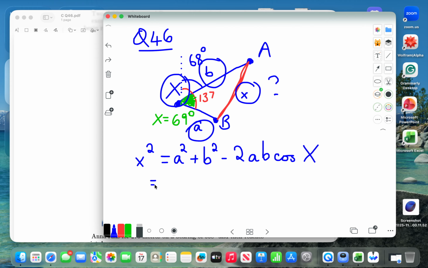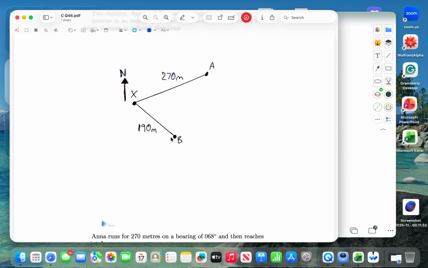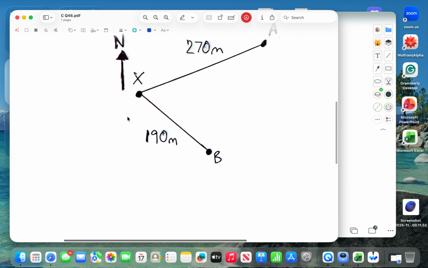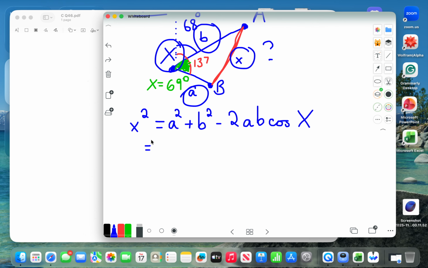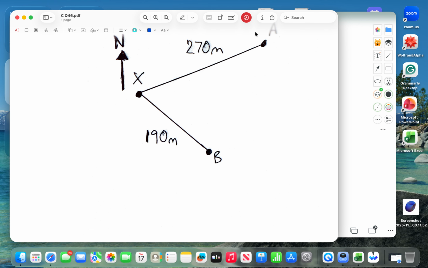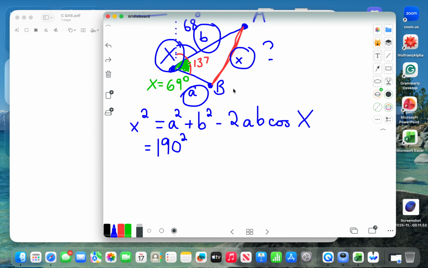So a is BX, it's 190, squared. XA is small b, and that is 270 squared.